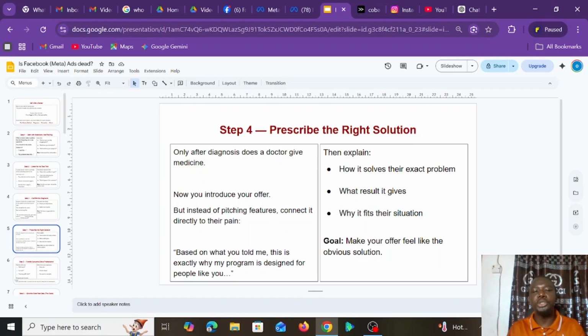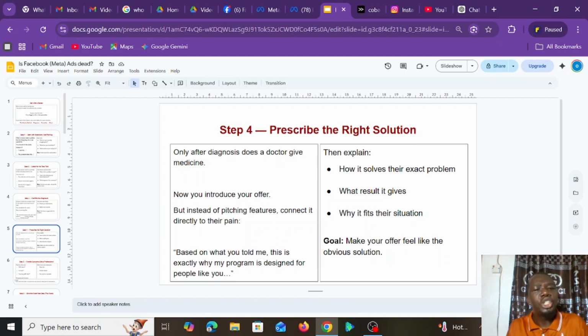So for my prospect: based on what you have told me concerning not making sales, and that is because of lack of leads, that is why my advertising agency is designed for people like you. I have helped different affiliates generate quality leads, and those leads have turned to sales.